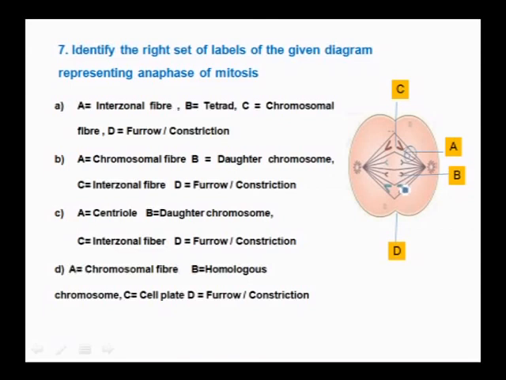Label B is indicating the daughter chromosomes here. Label C is indicating the fibers which are formed between the daughter chromosomes. They are referred to as interzonal fibers which will push away the daughter chromosomes. And D is actually the furrow of constriction or the process of initiation of cytokinesis. The right option for this particular question is B.